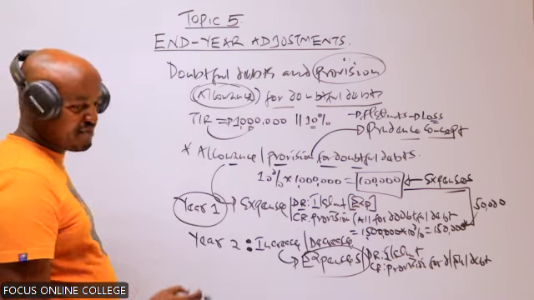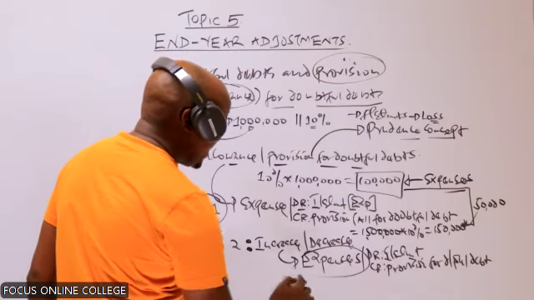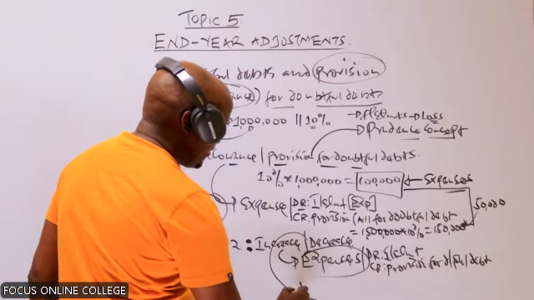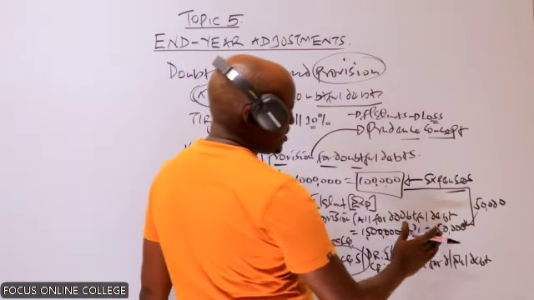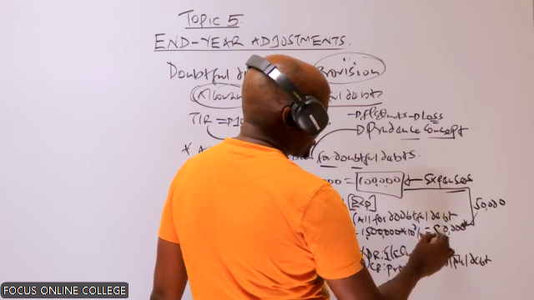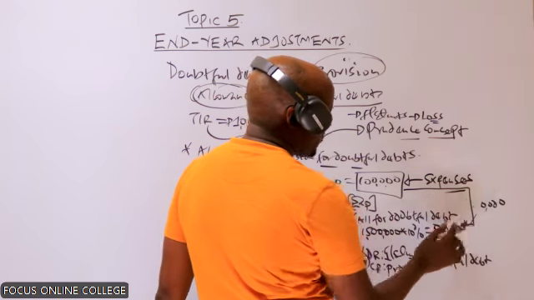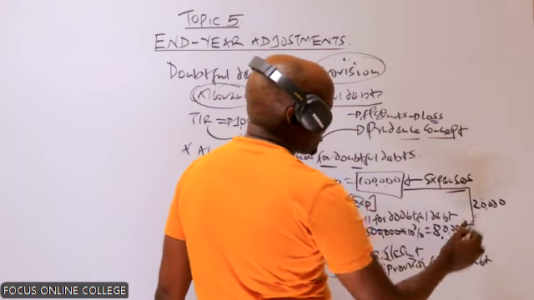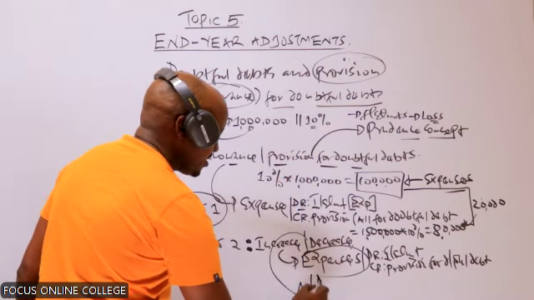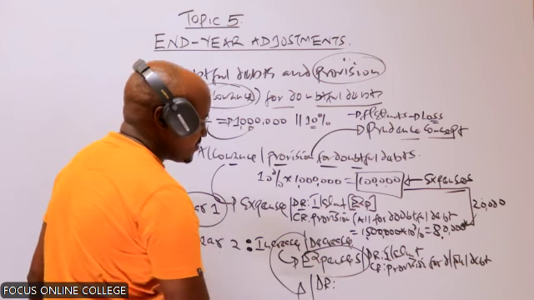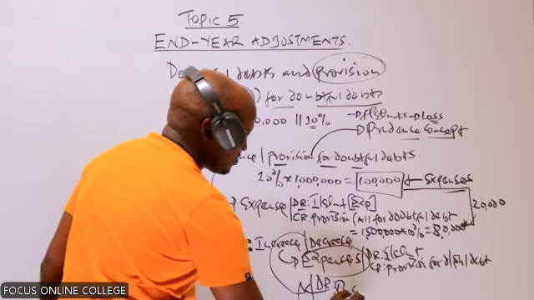As an expense. But if it was a decrease, for example, the provision in year one was 100,000, but in year two it reduces to 80,000. So in year two, what we account for is not 80,000, but the decrease of 20,000. That decrease of 20,000 is accounted for as an income.